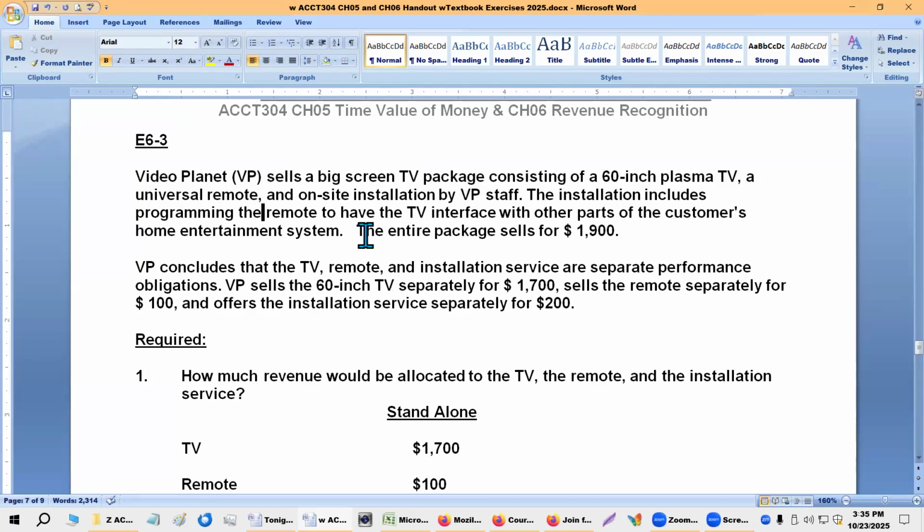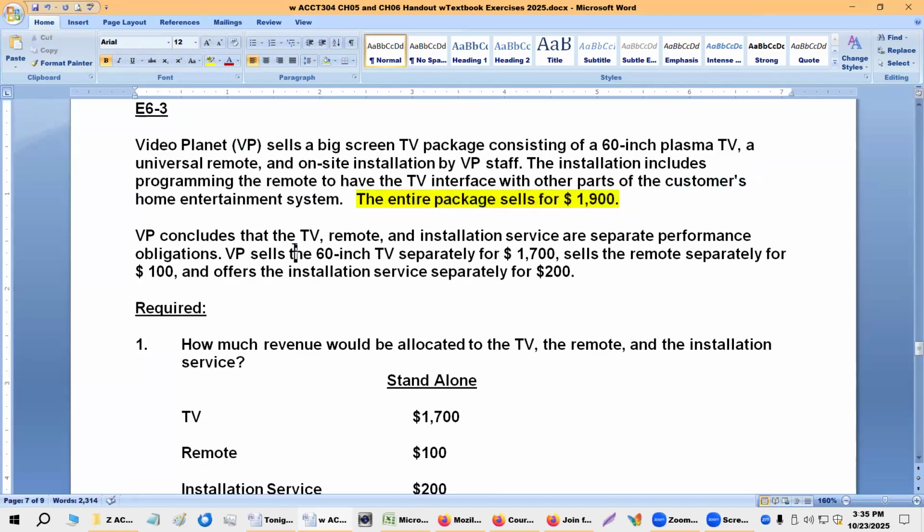The entire package sells for $1,900. VP concludes that the TV, the remote, and the installation are separate performance obligations. So we need to break them out separately.